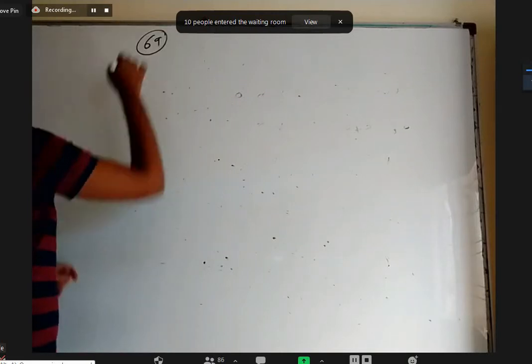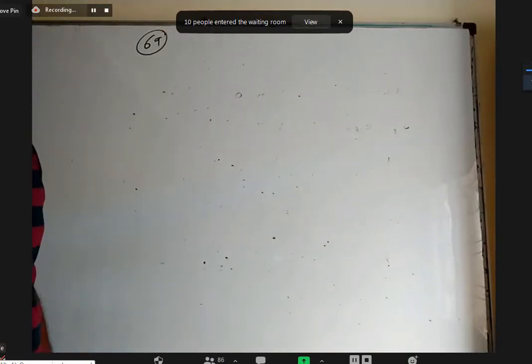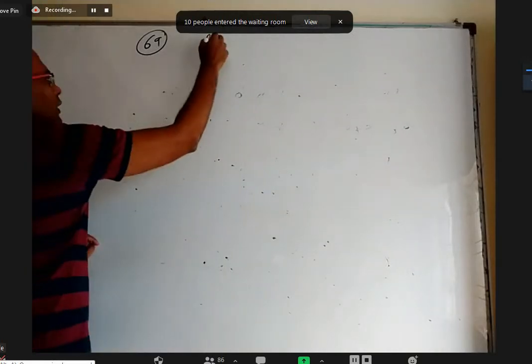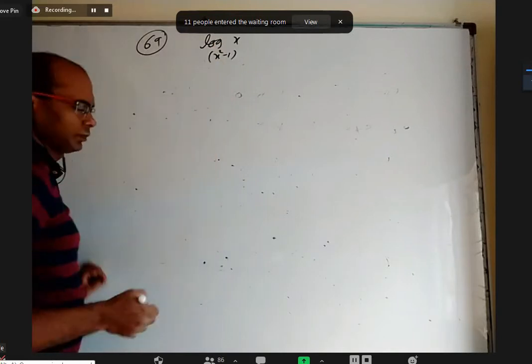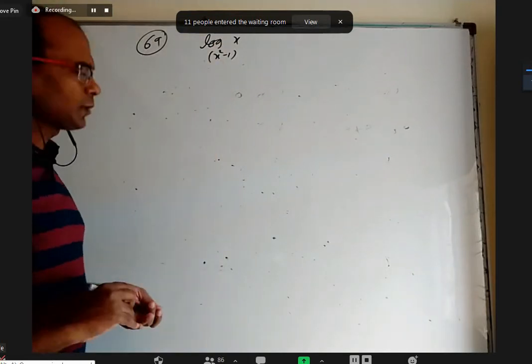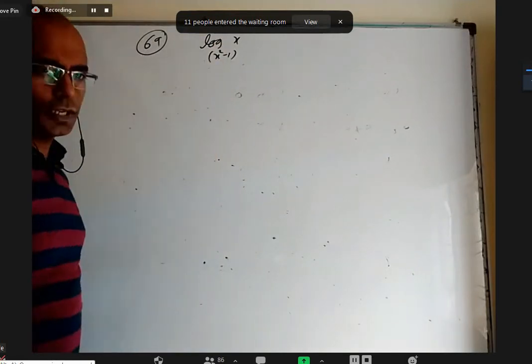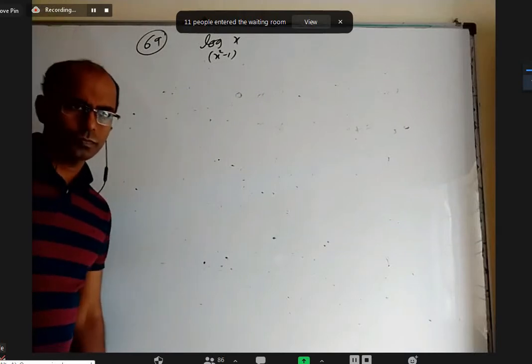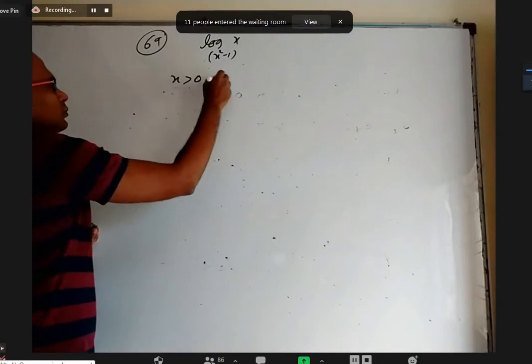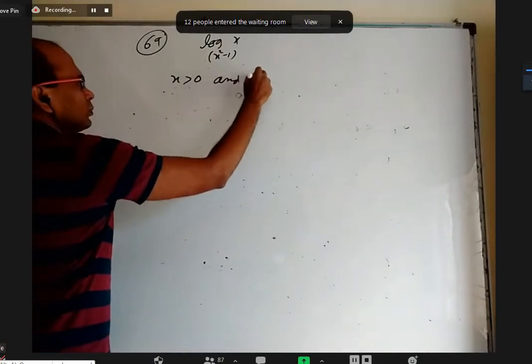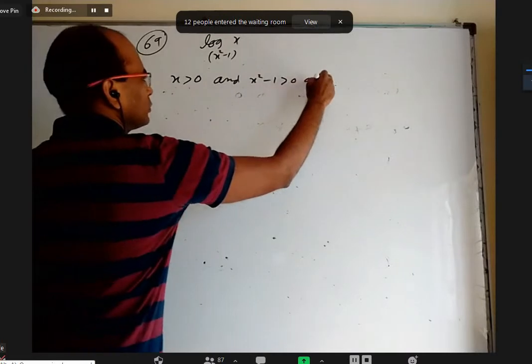Okay, 69. Log x of x square minus 1. Namrata, tell me what are the things I need to check here for 69. Sir, x is greater than 0, x square minus 1 is greater than 0, and x square minus 1 is not equal to 1.